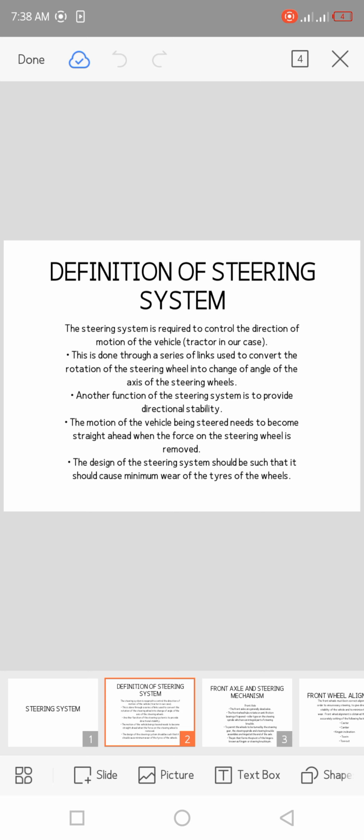As you understand, as you turn the wheels, it links up to the wheel, so when you turn your wheel, it should cause minimum wear to the tires, that is the treads.